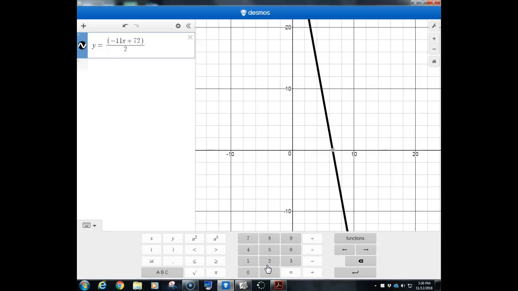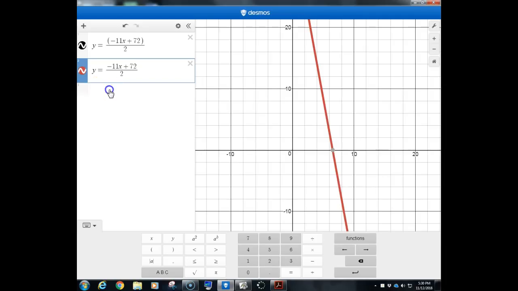Okay? Another way you can do it is if you hit y equals, and then you automatically hit divide. And on the top, you would put minus 11x plus 72. And then on the bottom, you would just hit 2. Probably that second one is better than the first one, in case you forget.